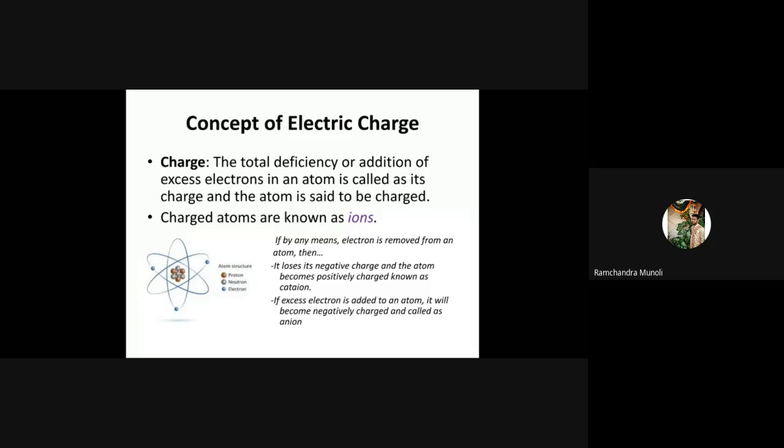Now if an excess electron is added to an atom, then it becomes negatively charged and it is called an anion. So a cation forms when the atom becomes positively charged, and when it becomes negatively charged, meaning an electron is added, that is called an anion. Okay, so anion and cation, I hope you are familiar with now.